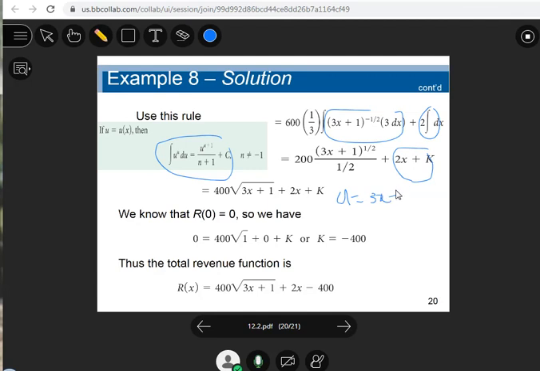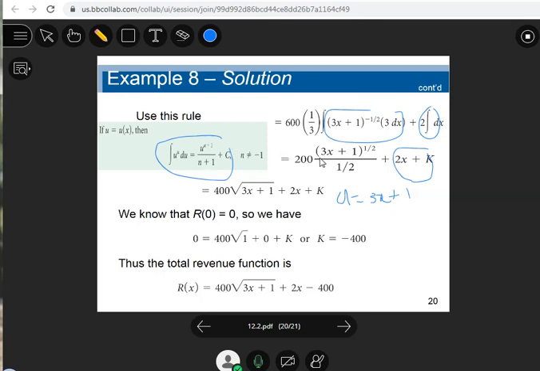So as I told you before, if u is a linear function, you can use this formula directly. So here 3 times x plus 1 is a linear function because it doesn't contain any quadratic or cubic or any other higher order polynomial which is greater than 1. Then directly you can use this formula.